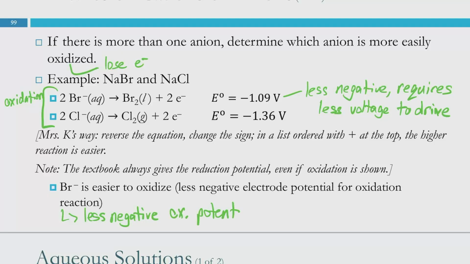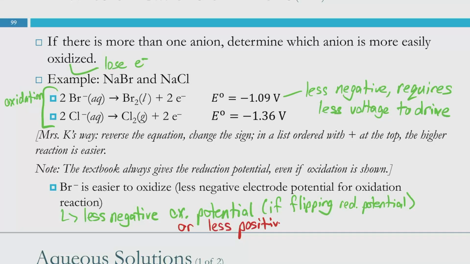So less negative oxidation potential if you're flipping the reduction potential reaction. Or the less positive reduction potential. Either way works.